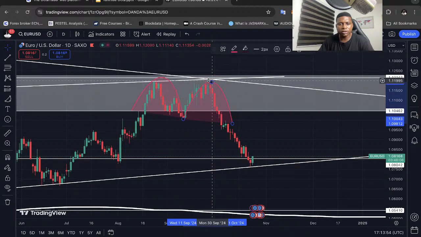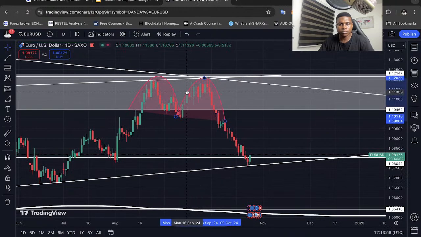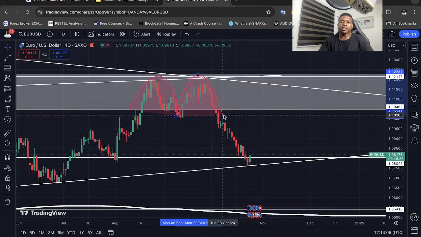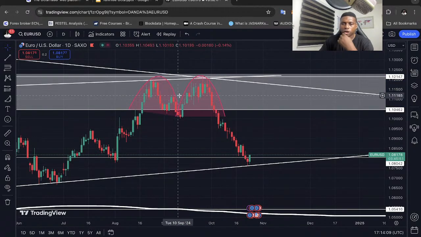So we can see here that there was a double top.